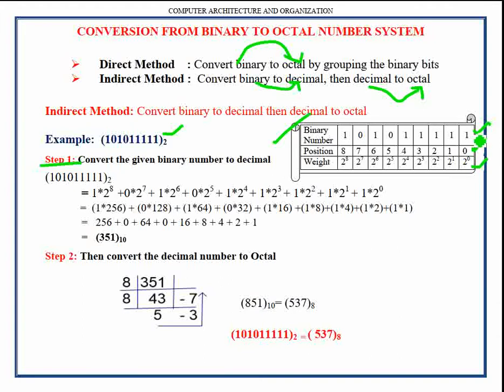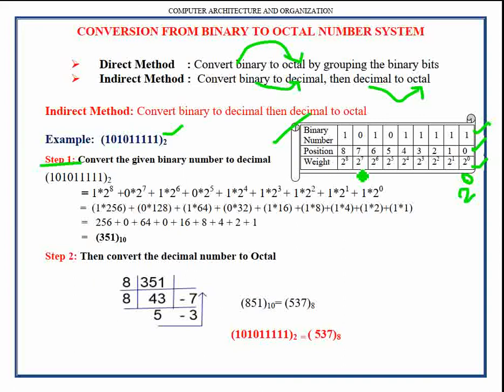Here, the digit at the rightmost position has position 0, and this position value increases towards the left. And the weight for every digit is assigned by raising the radix to its position. For example, for this digit, its position is 0, so by raising the radix to its position, we get the weight of this digit. Very similarly, for every other digit also, by raising the radix to its position, we can get its weight.